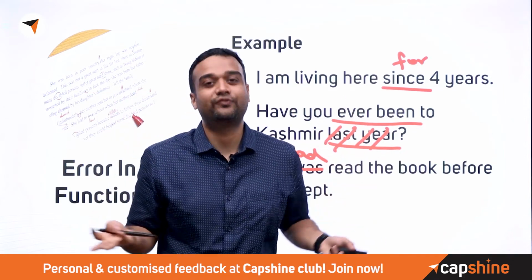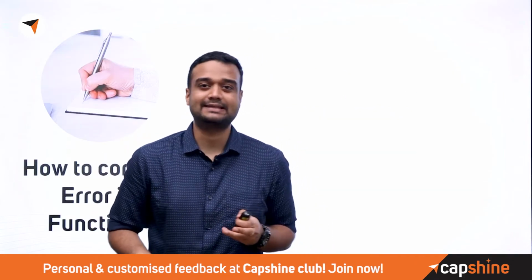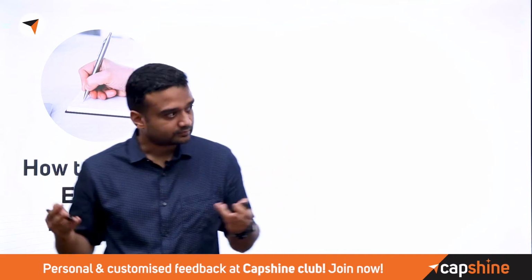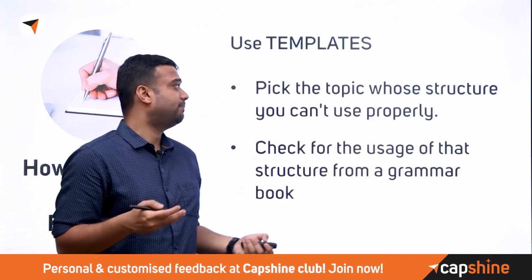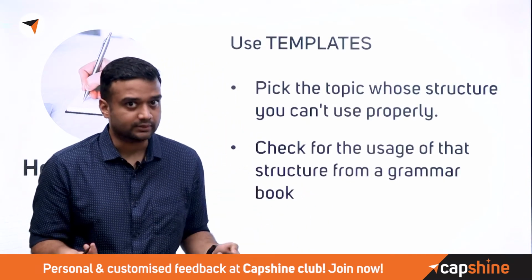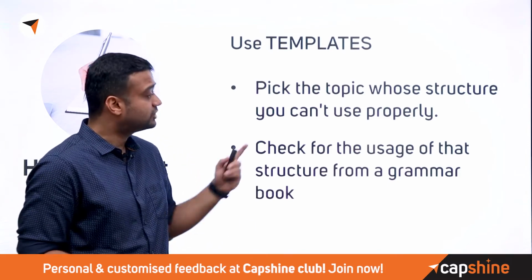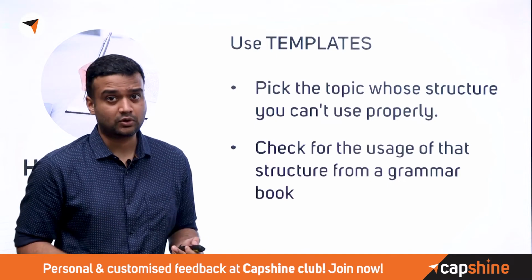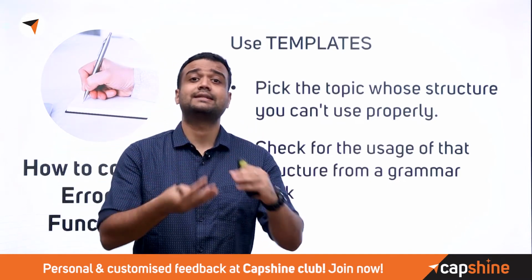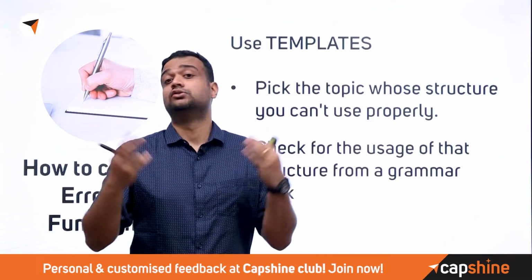Well, how do you fix such errors? How do you know that you're making these errors, and how do you fix them? For one, pick the topic whose structure you can't use properly. You will realize that you're making certain kinds of mistakes over and over again. Check for the usage of that structure from a grammar book or Google it, right? So for example, "had been," Google it.